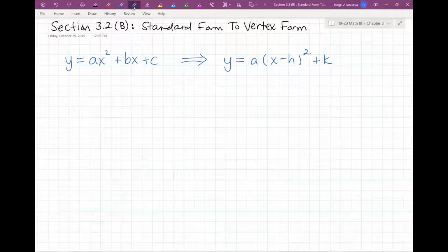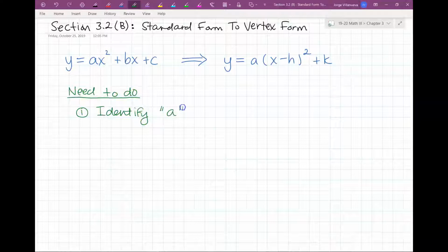So this is what you need to do. Number one, identify A. Number two, find your vertex. Okay, so A, find the vertex.